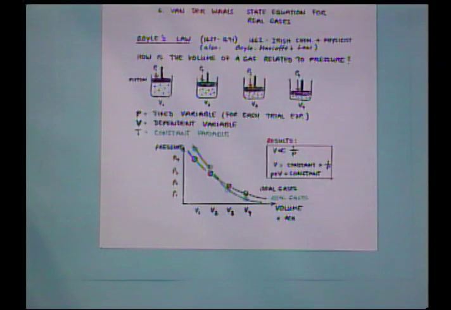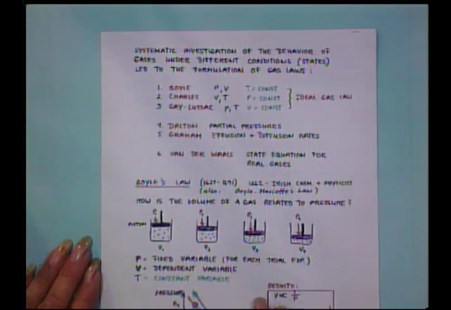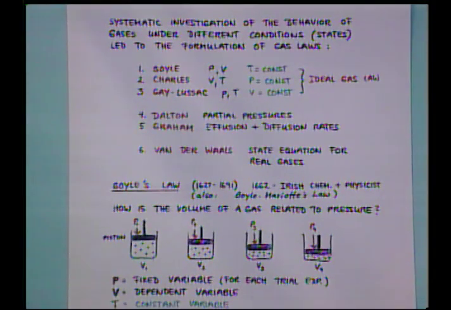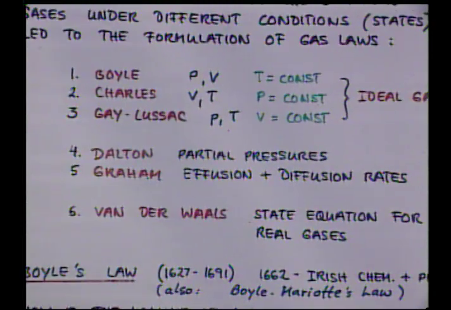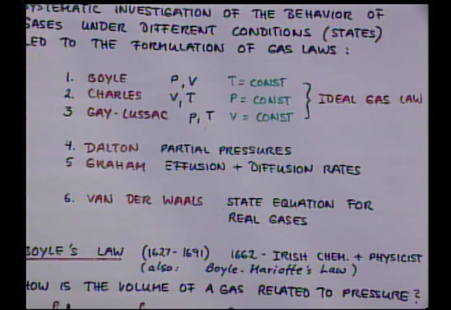He looked at the relationship between pressure and volume at a constant temperature. But before I go into that, let's look at the top of this overhead, or the slide here, or the view graph. Let's move it up a little bit. So these are actually all the laws that we will learn about in this chapter.